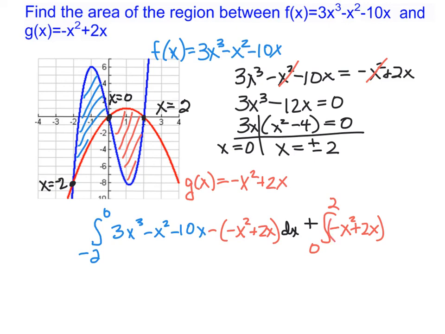And we're going to subtract the blue curve, so that's going to be 3x cubed minus x squared minus 10x, and of course there's a dx at the end of that one as well. Now what I'd like you to do is take a few minutes to simplify each antiderivative, take the integral of both of them, substitute your values in, and then come back and compare your answer with mine.